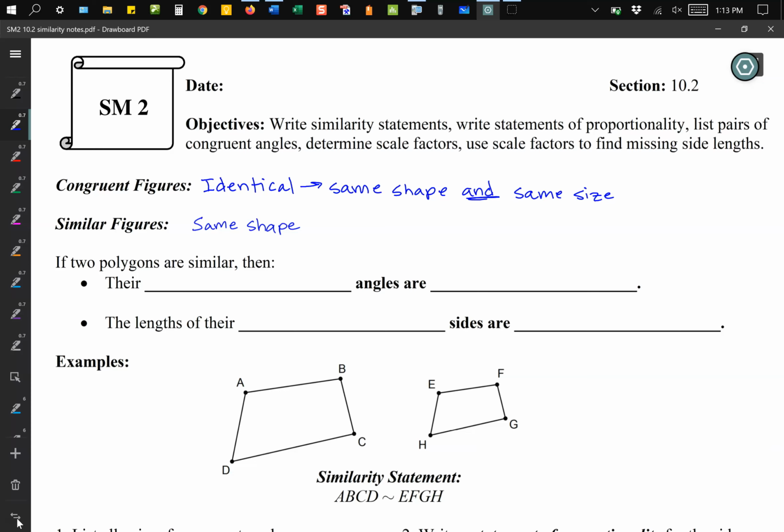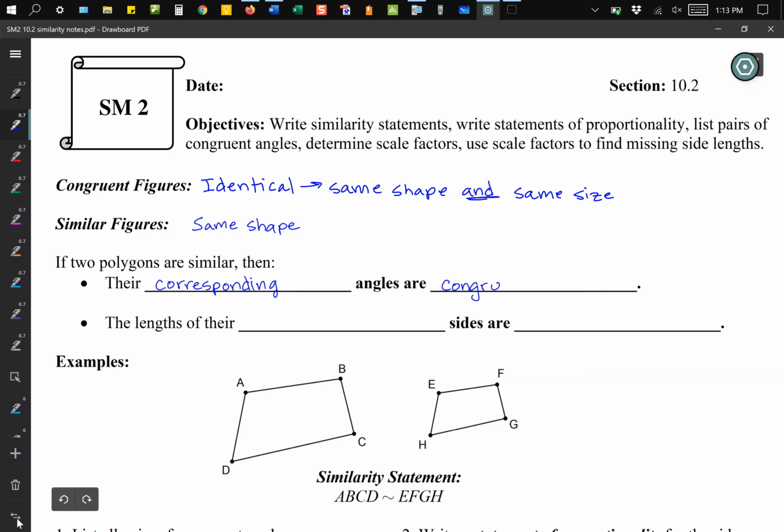So in order to be similar, their corresponding angles are the same. Their corresponding angles are congruent.